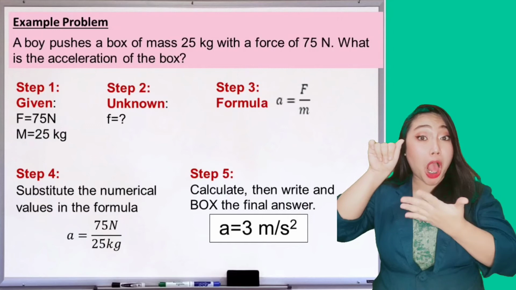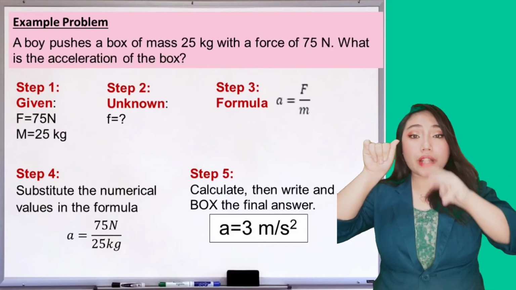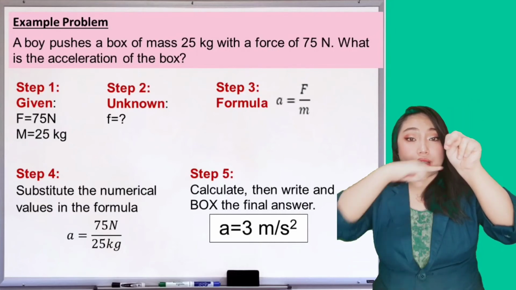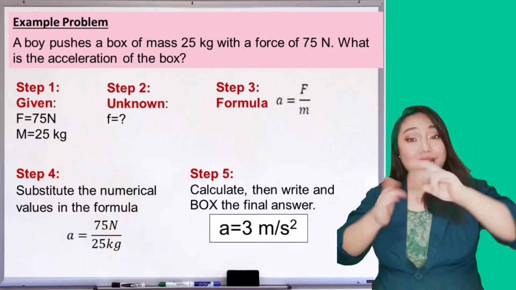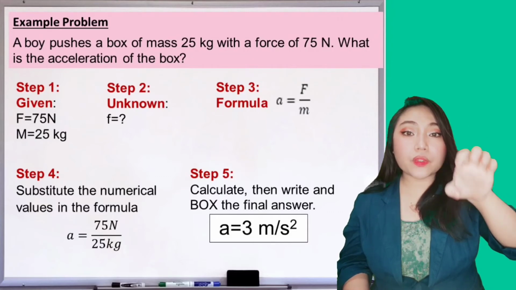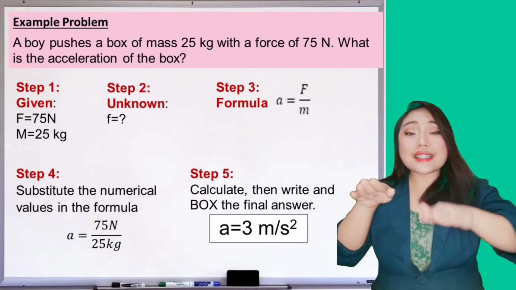We don't have a value for A, right? So A equals force, which is 75 newtons, over mass, which is 25 kilograms. So what would you do? You have to divide, calculate, and it will give you an answer of 3.